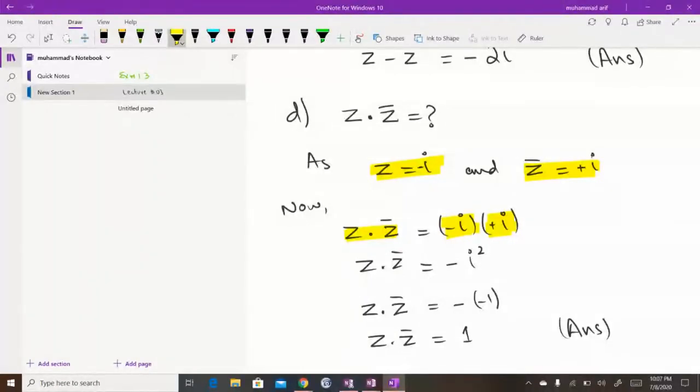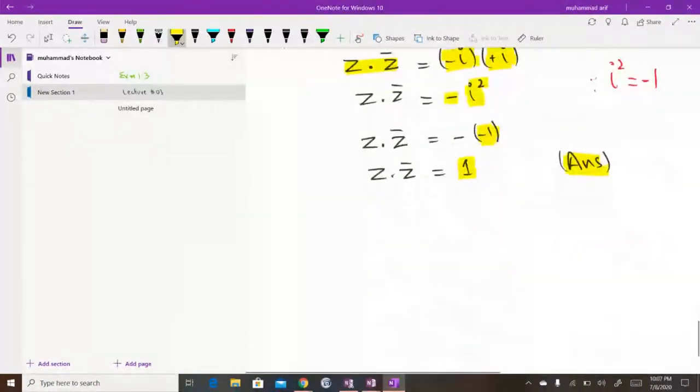As we know, when negative is multiplied with positive, it becomes negative, and iota multiplied with iota becomes iota square. What is the value of iota square? As we know, iota square is equal to negative 1. We replace iota square with negative 1. We get negative 1 into negative, which becomes positive 1, which is our required answer.